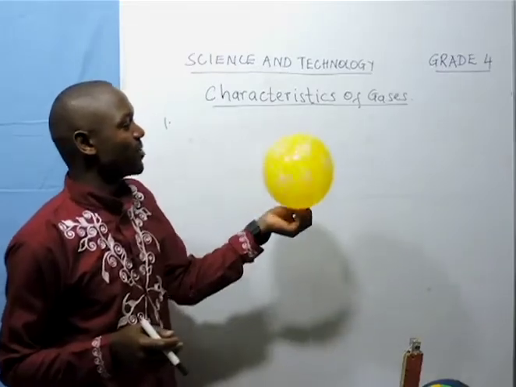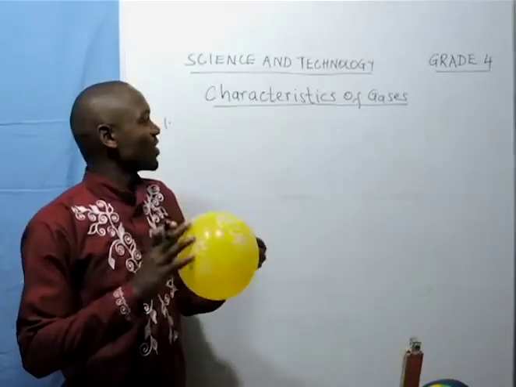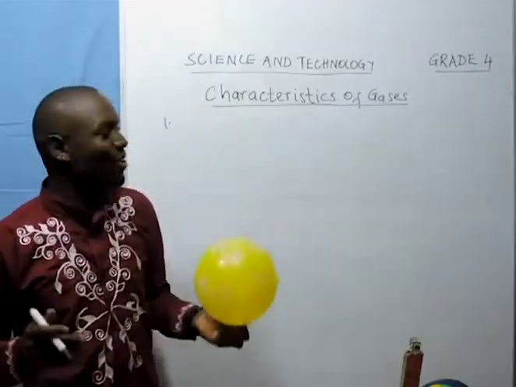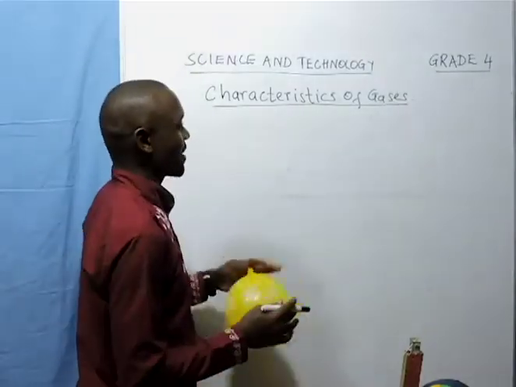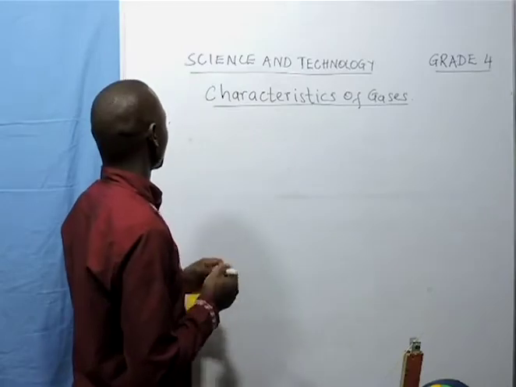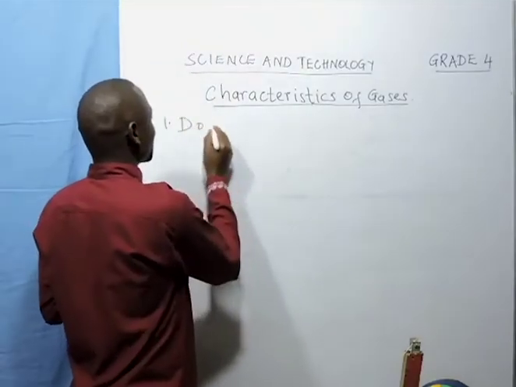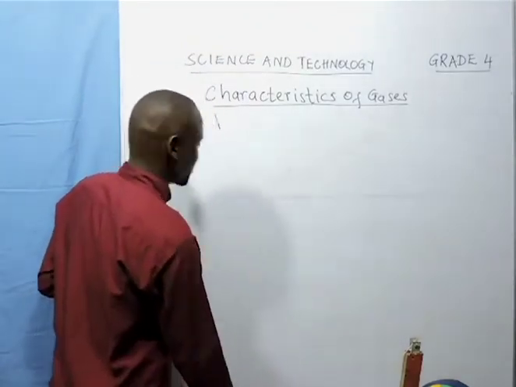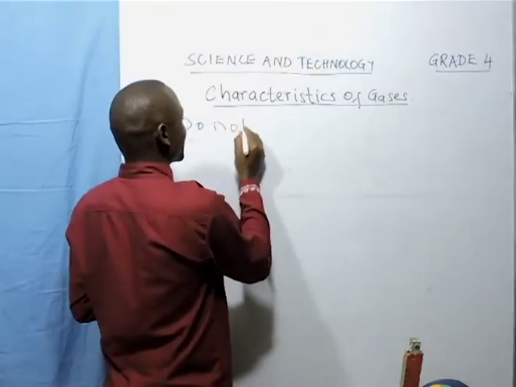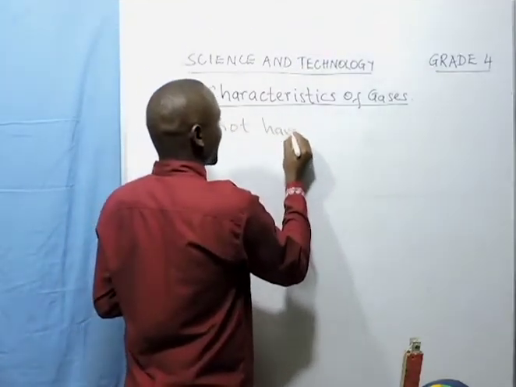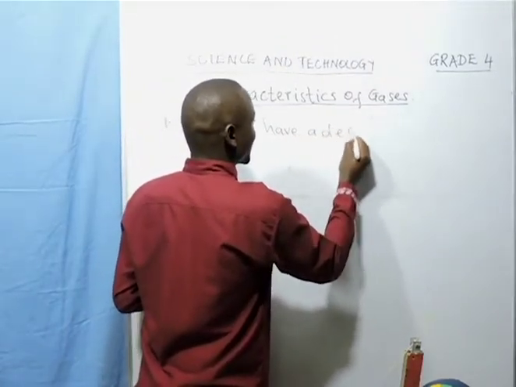You can see now the balloon has air. So this tells us that gases do not have a definite shape, just like liquids do not have a definite shape.